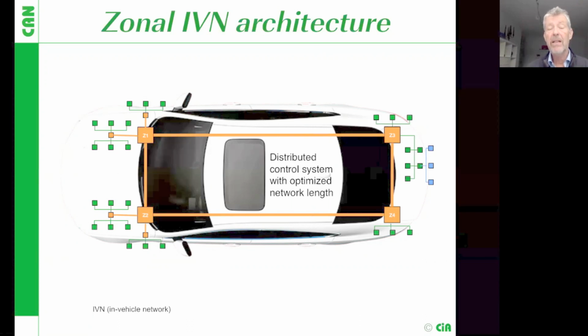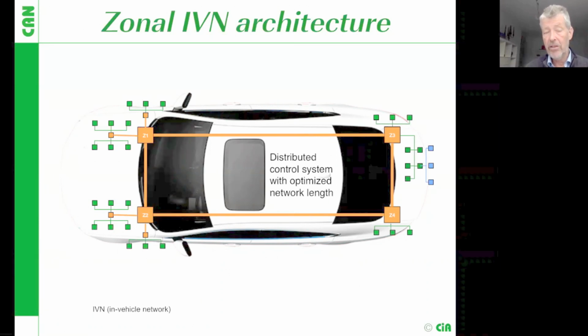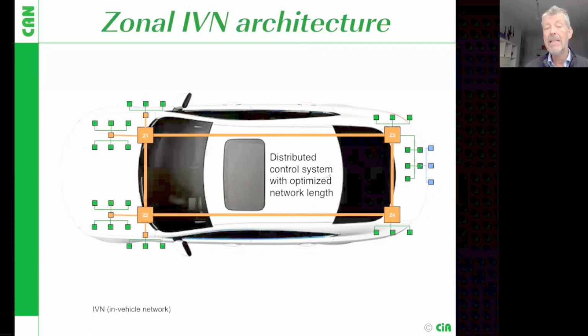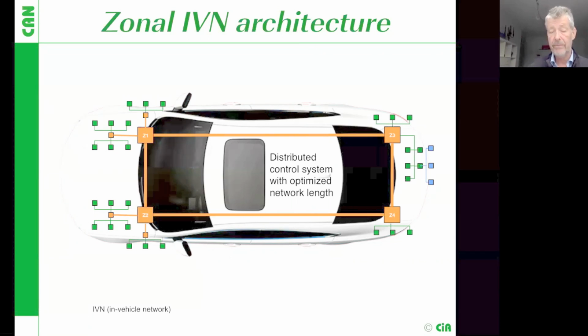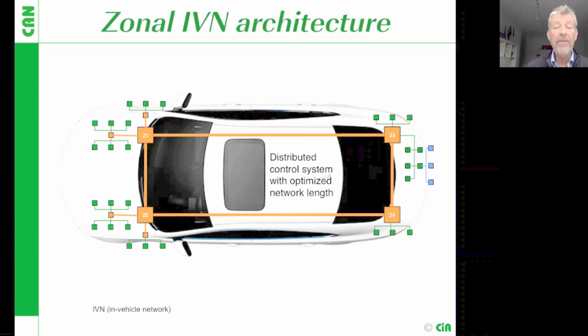This is, so to say, a more physical architecture, where you really try to reduce the cabling as much as possible. On the other hand, you have to communicate from the front to the rear via one cable, and this needs a lot of bandwidth to transmit all the relevant data.